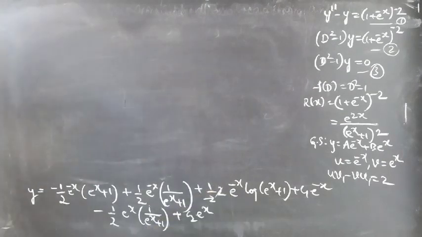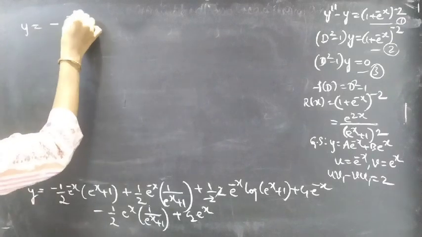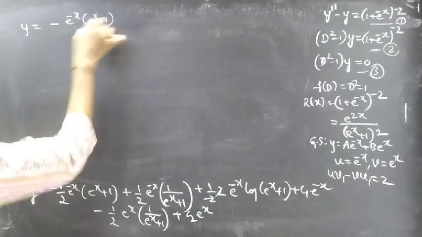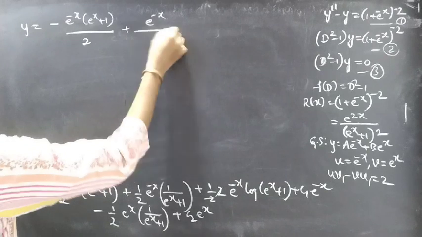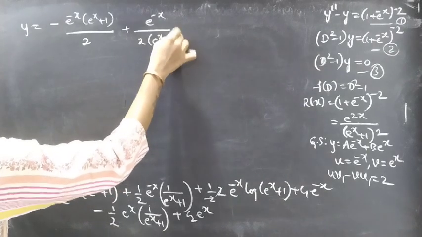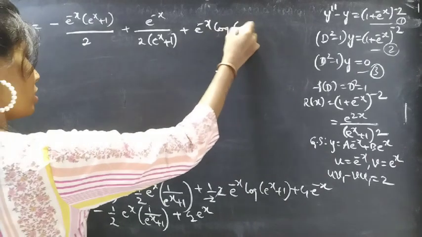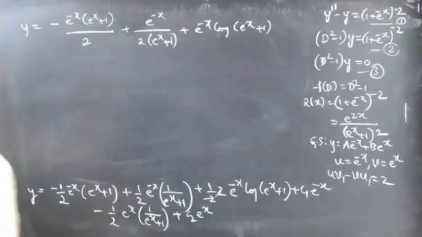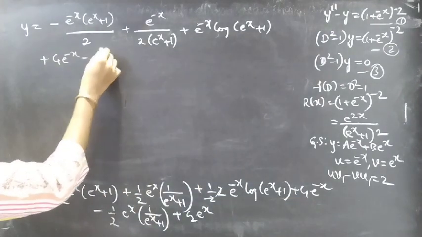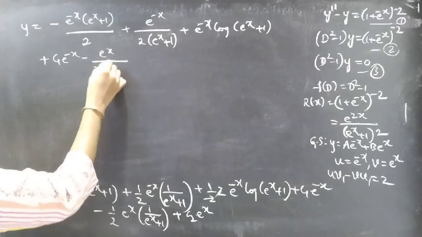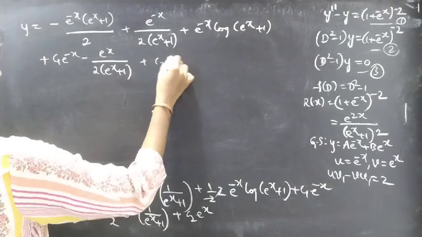Here the 2 gets cancelled and we'll get y equal to minus e power minus x of e power x plus 1 by 2, plus e power minus x by 2 times e power x plus 1, plus e power minus x log of e power x plus 1, plus c1 e power minus x, minus e power x by 2 times e power x plus 1, plus c2 e power x.